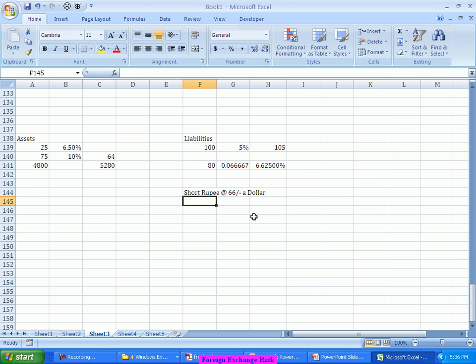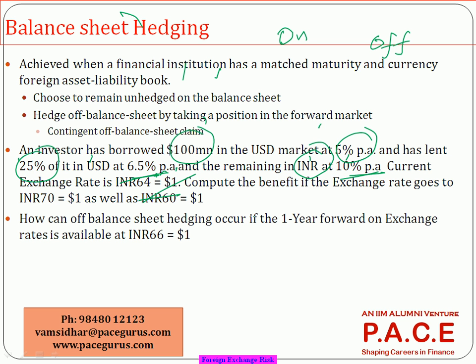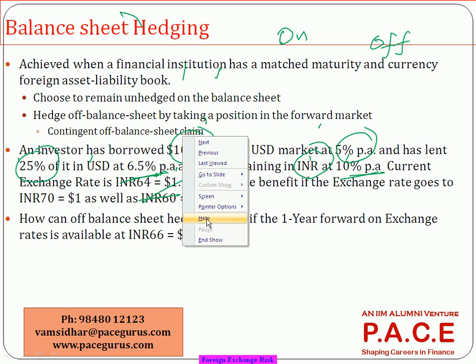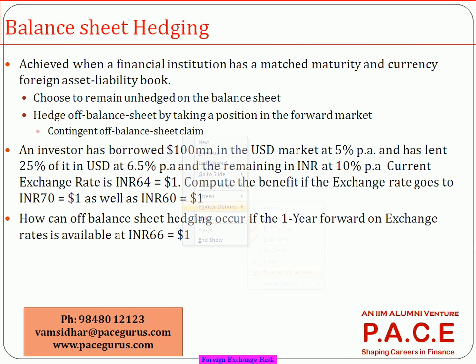Now, what is the whole flow? Let's see. I am borrowing in dollars at the current rate. So let's look at the steps which we will do. Step 1, borrow in dollars. Whatever is the interest rate, say 5%, you borrow in dollars.